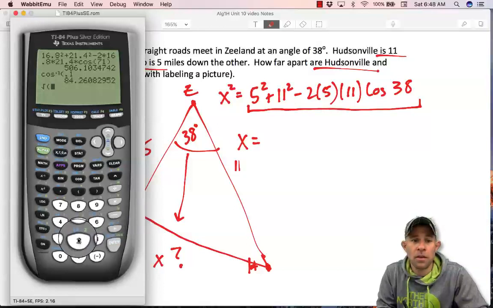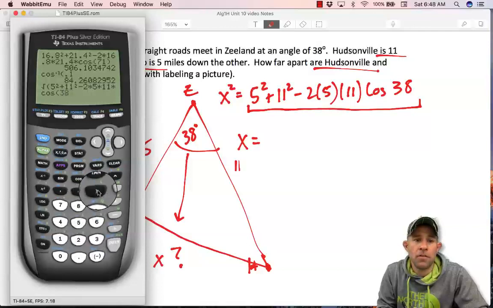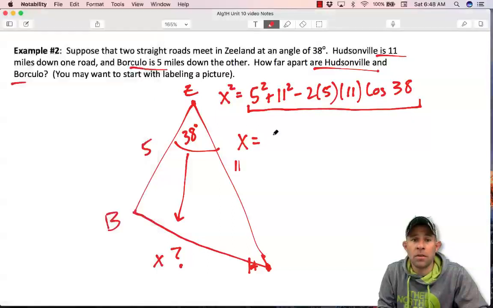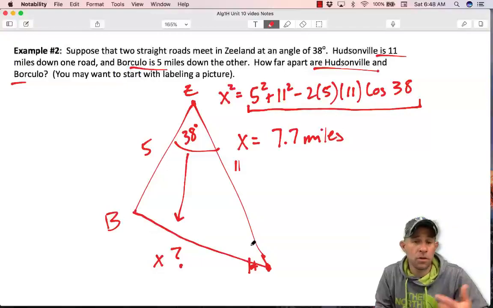And I'm going to say my 5 squared, okay, let's just make sure I have all my entries in there. I have 5 squared plus 11 squared minus 2 times 5 times 11 times the cosine 38. I'm taking the square root of all of that one time. So x is going to be equal to 7.7. So 7.7 miles between Borculo and Hudsonville.